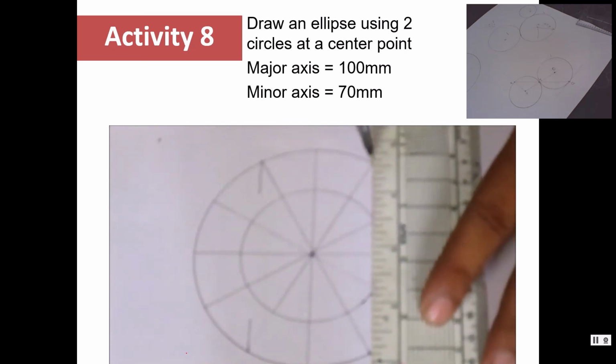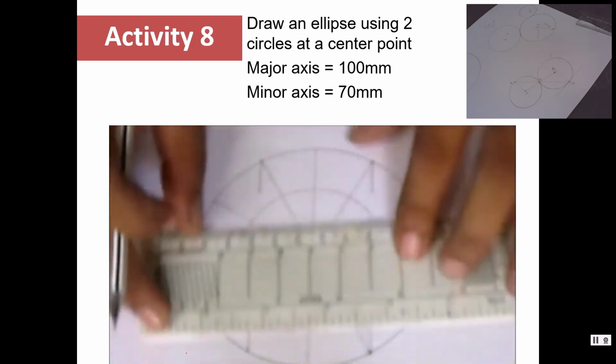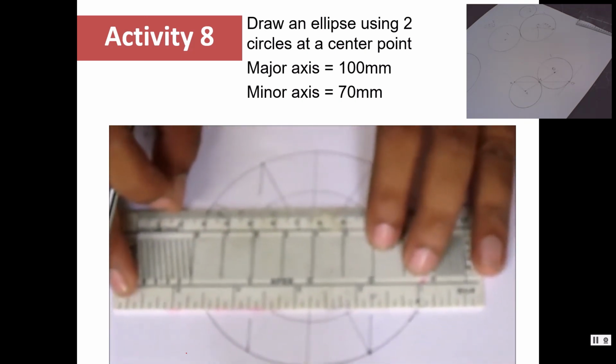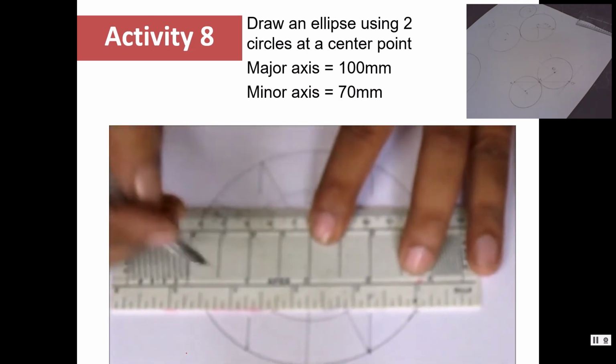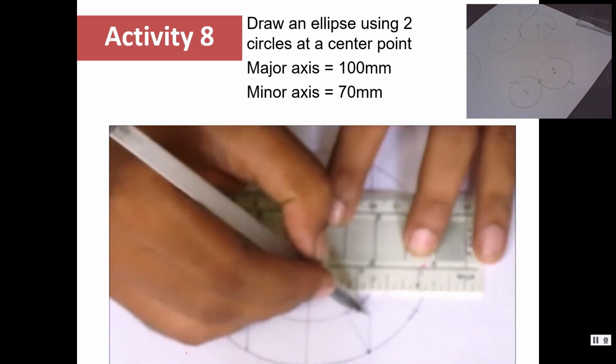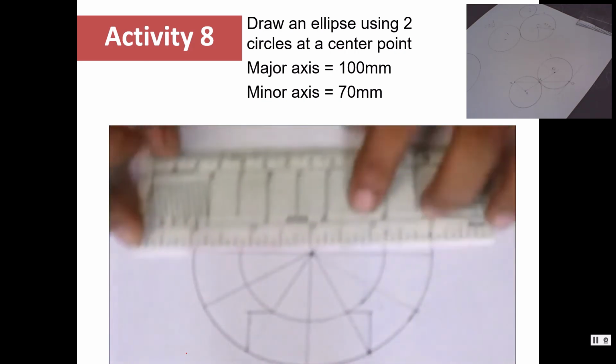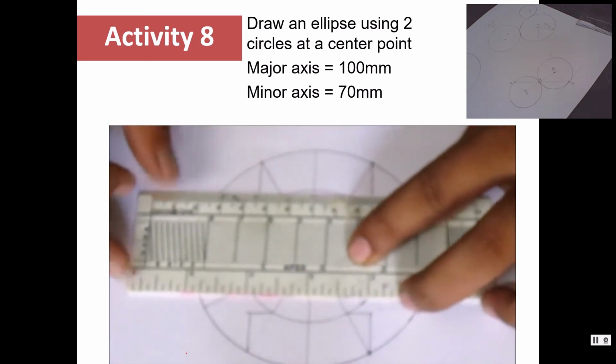After you have done that, the next step is to find the point in which the arc that we want to draw, and this is based on the major circle and the minor circle. It should be a straight or 90-degree line.